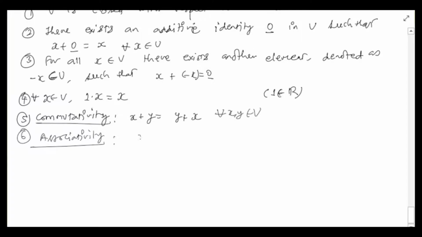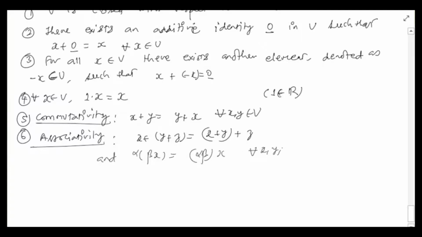This says that x plus y plus z is same as x plus y followed by addition with z. Okay. And alpha times beta x is same as alpha beta times x. Okay. And this holds for all x, y in V, alpha, beta in R.